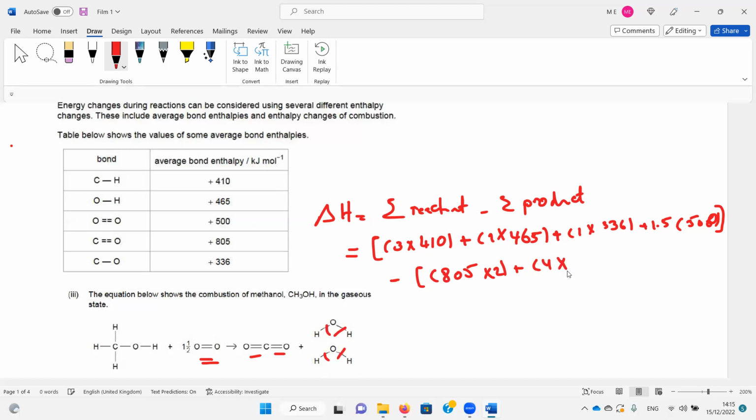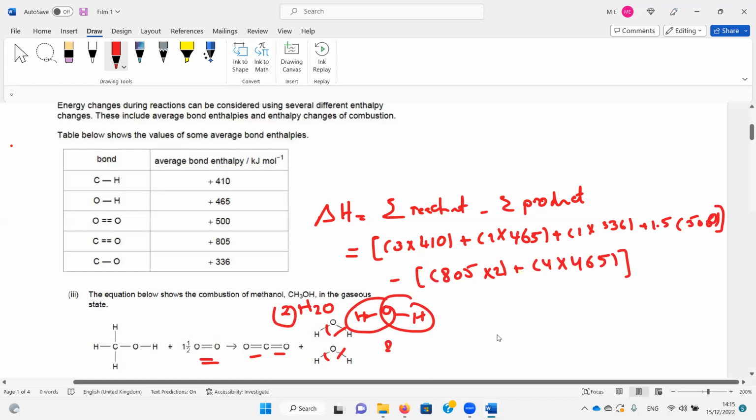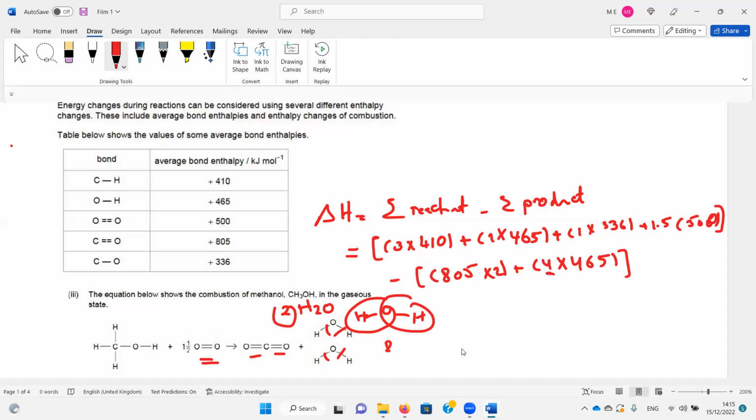So that's 4 times 465. Now, if you've got an equation written in symbols like this, it will be 2 moles of water. The structure of water is H2O, so you have 1, 2, and times the coefficient 2, you will be getting 4, as you got here. Now, when you solve this problem, take your time and do the calculations correctly.